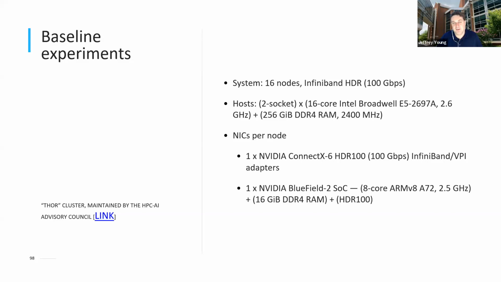So to test this, like a lot of the stuff that we've done here, we used another cluster in the HPC Advisory Council testbed, one called Thor. At the time we ran this on the BlueField 2 with a ConnectX 6 HDR networking adapter, and a BlueField 2, which had 8 ARM Cortex-A72 CPUs.